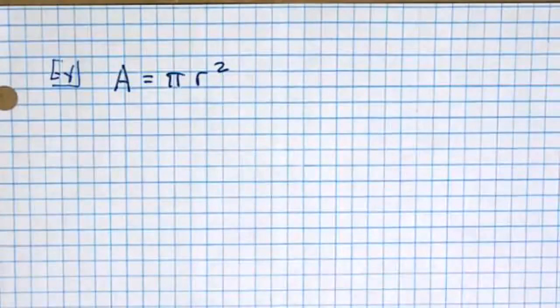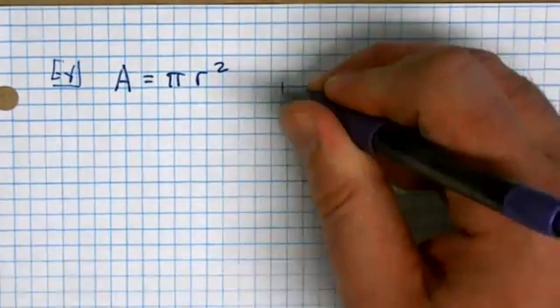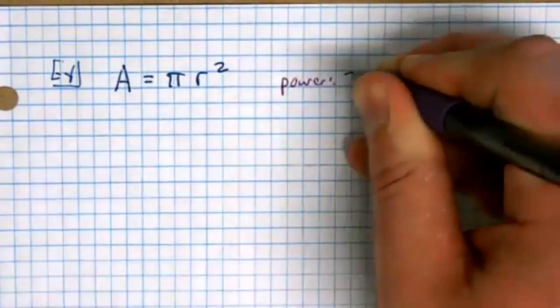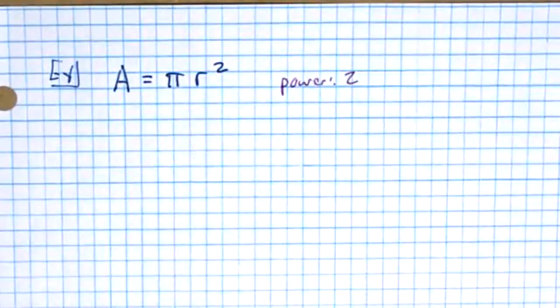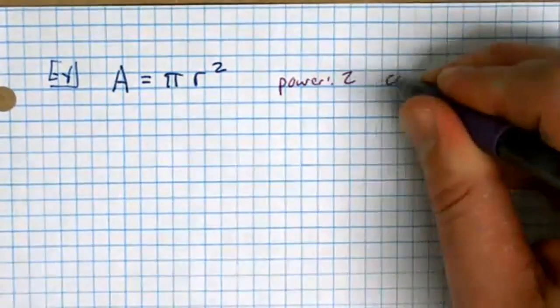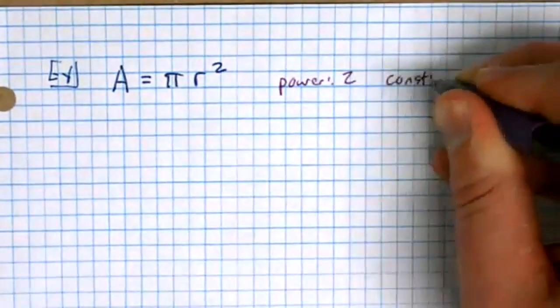What do you think? You agree? Kind of looks like it's in that form. If it were a power function, what would the power be? Power is 2. And the constant of variation, in this case, would be pi.